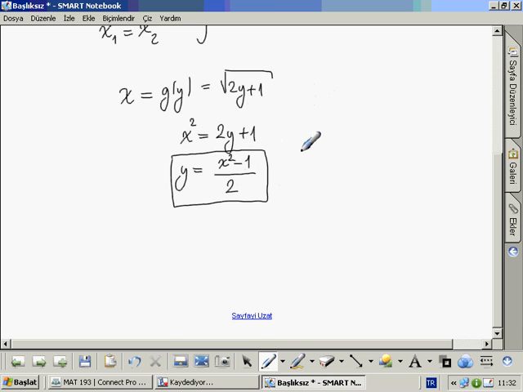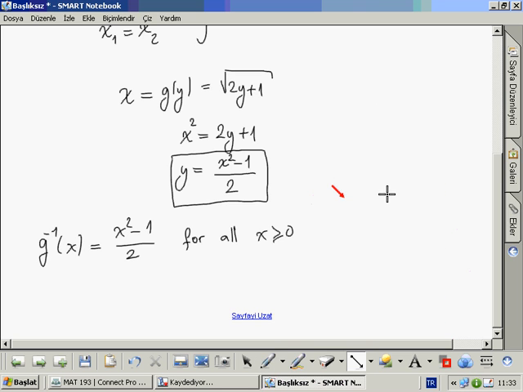This is the inverse function, so we can say the inverse g function equals x squared minus 1 over 2, for all x larger than or equal to 0.